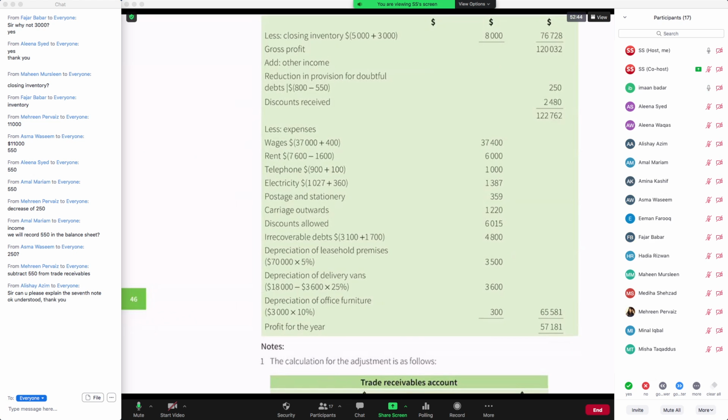Yes, Iman. How will we find the depreciation of delivery vans? Okay, do you understand that it's on the reducing balance method? When you have to calculate depreciation based on the reducing balance method, you will apply the percentage not on the original cost, but on the net book value.